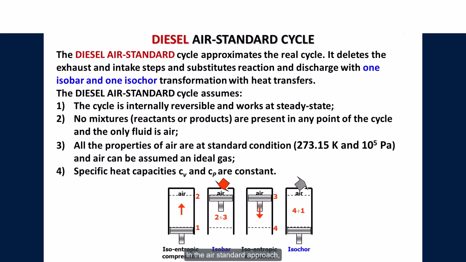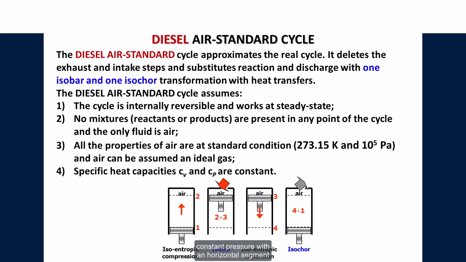In the Air-Standard approach, pure air is the working fluid in the assembly, and the cylinder piston assembly is closed. No valves are present. The combustion is replaced by indirect heating from an external heat source. The discharge of the fluid and intake of new fluid is instead represented as a cooling of the air.